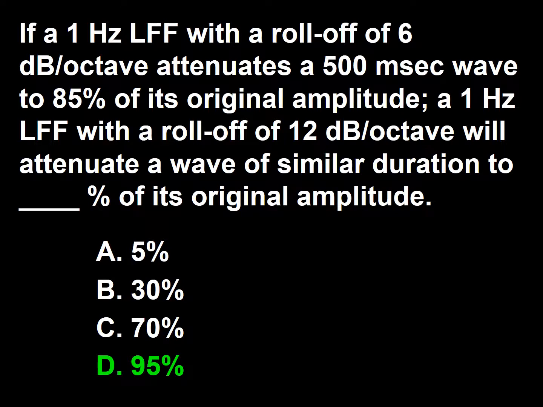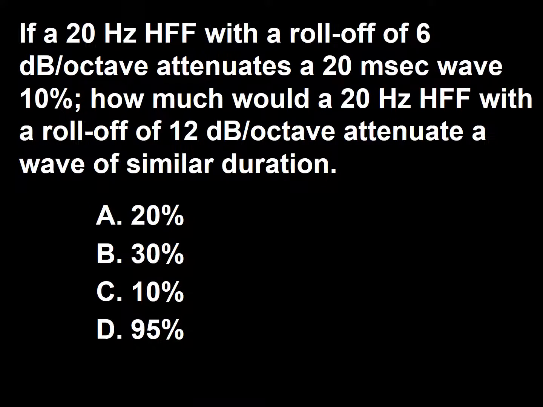So as you can see, an analog filter with high dB per octave allows you to better eliminate the wave of the duration that you do not want to see and keep the wave of the duration that you want to see.